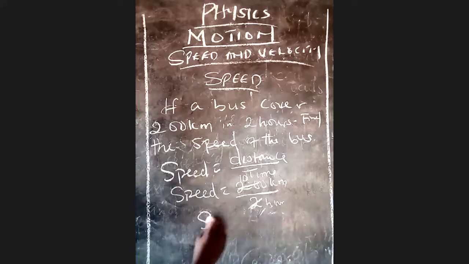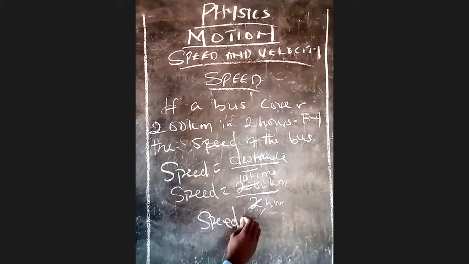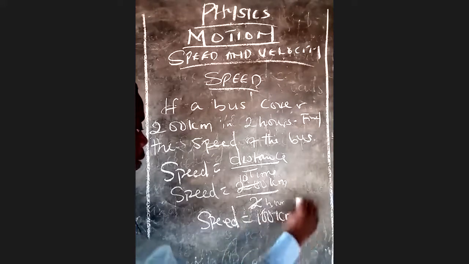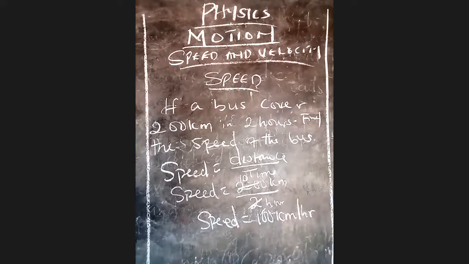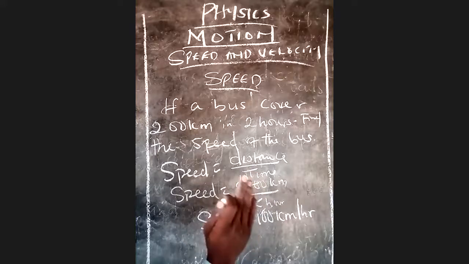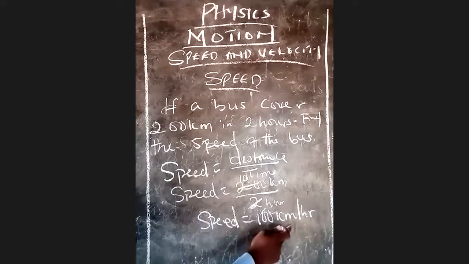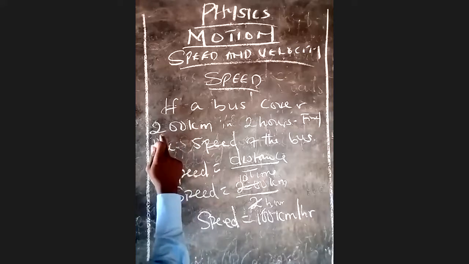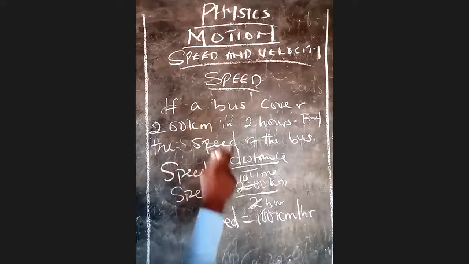Then the speed traveled by the bus is 100 kilometers per hour. So the car travels at 100 kilometers per hour, meaning that when it covers 100 kilometers per hour, it must definitely cover 200 kilometers in 2 hours.